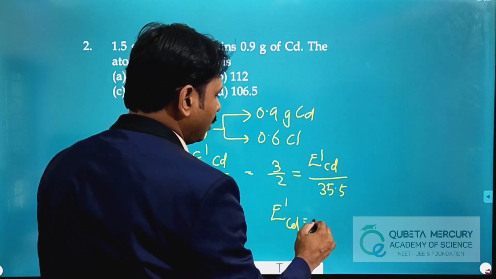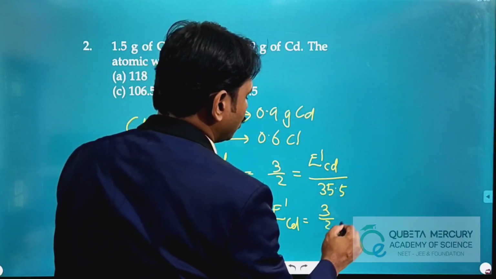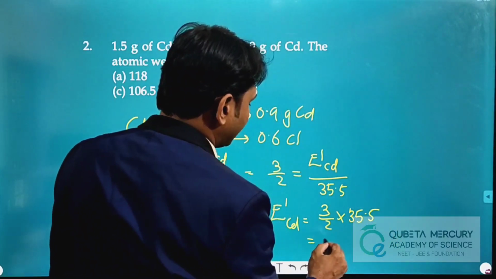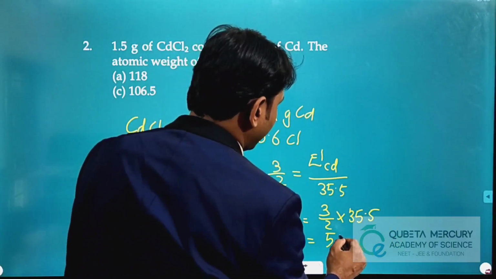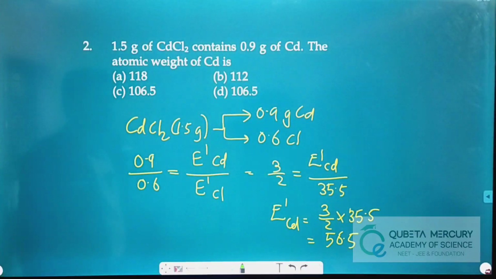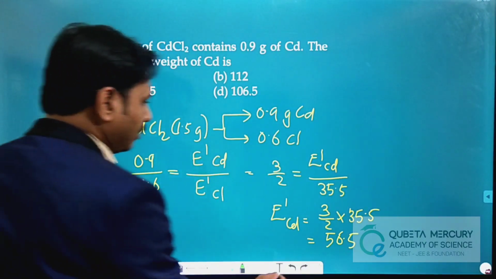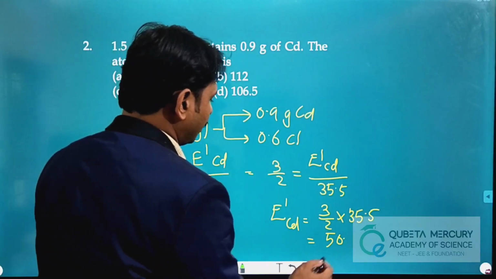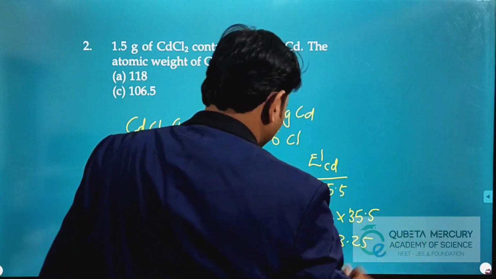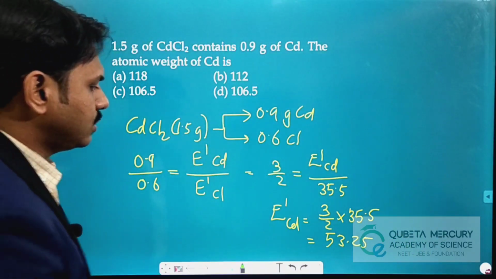When I substitute 35.5, we can easily calculate equivalent weight of cadmium. Equivalent weight of Cd equals 3 by 2 into 35.5, and that will be around 53.25. Now this is equivalent mass.